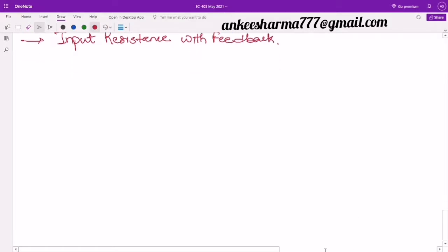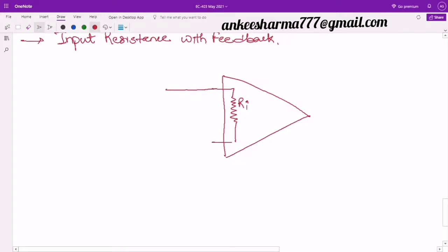So over here I am going to draw my diagram. Again the diagram will be exactly similar, but we will draw it in a little more detail because we are going to add Ri and R0 also for our calculations. This is the input voltage Vin, and we have the feedback circuit here, so this is negative and this is the positive terminal.